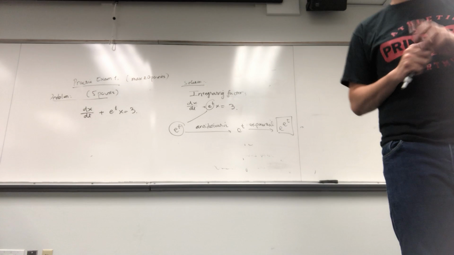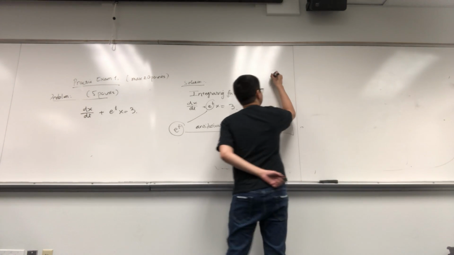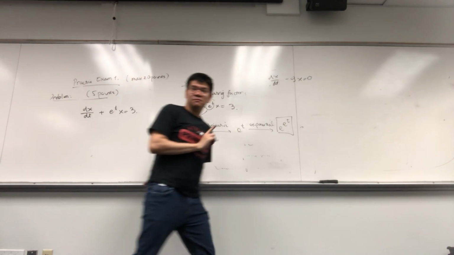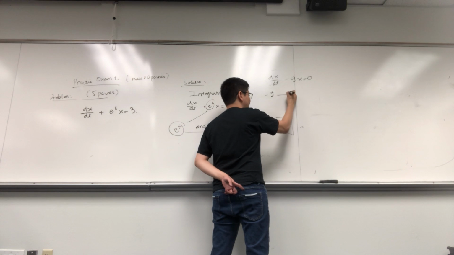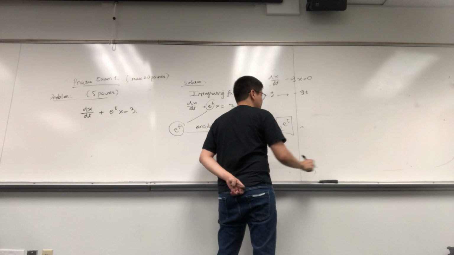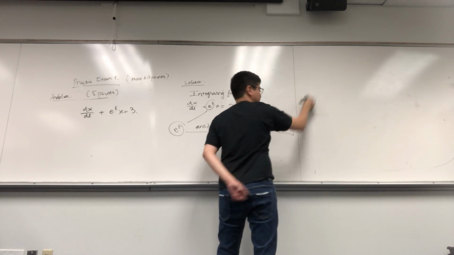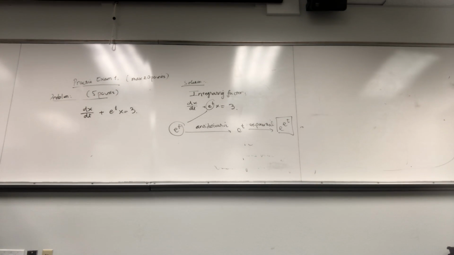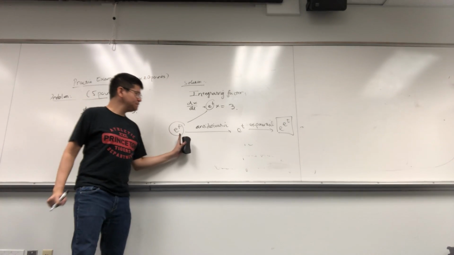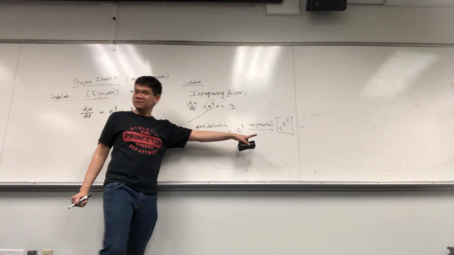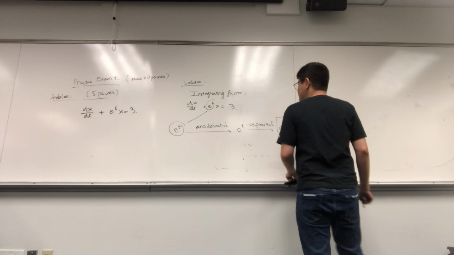In the previous case, you had dx over dt minus 9x, so the antiderivative of the 9 is 9t, giving minus 9t, whose derivative is minus 9. In this case, you have e to the t, and the antiderivative is e to the t. And you take another exponential, and this is the integrating factor.